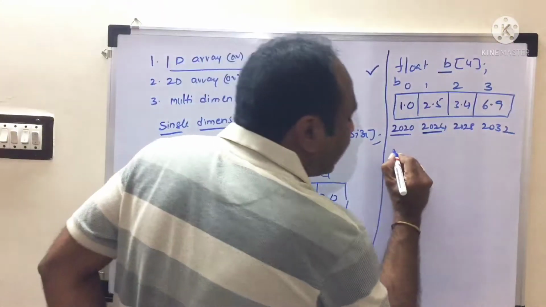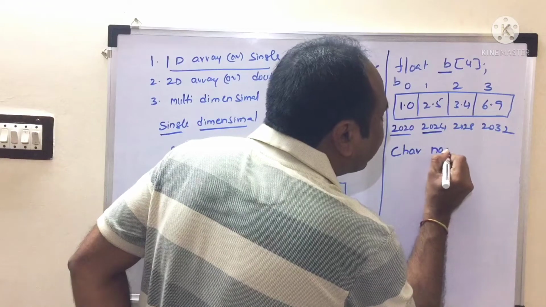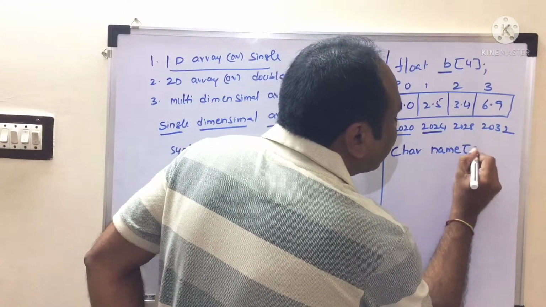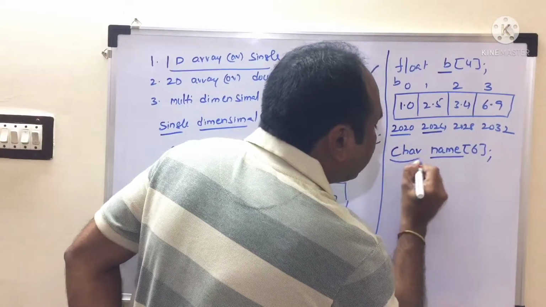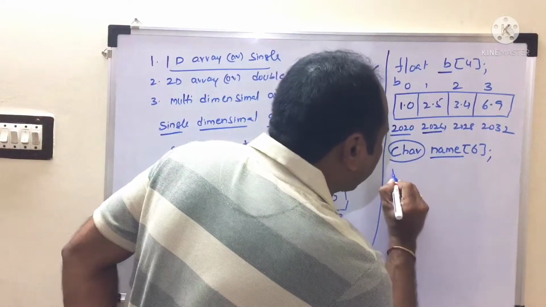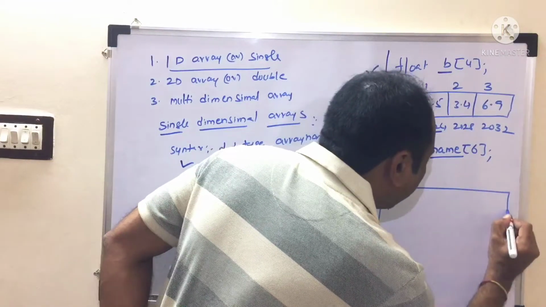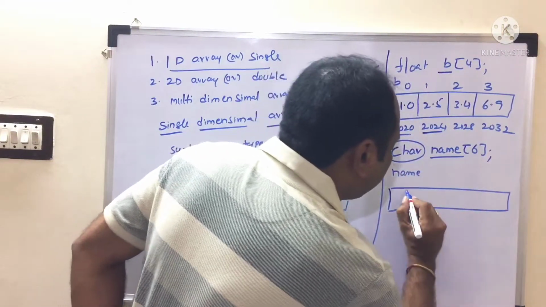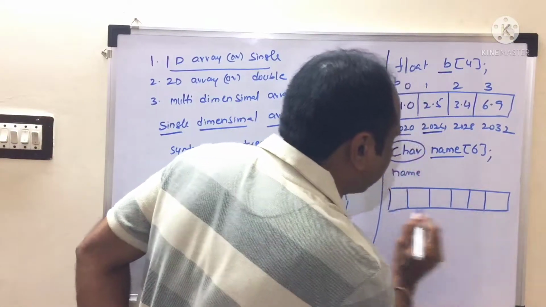In the same way, if I want to store char name of 6, under the name I am going to store how many characters? 6 characters only: 1, 2, 3, 4, 5, 6.